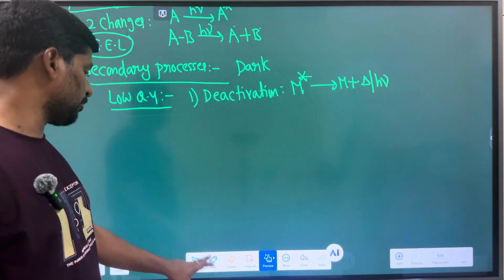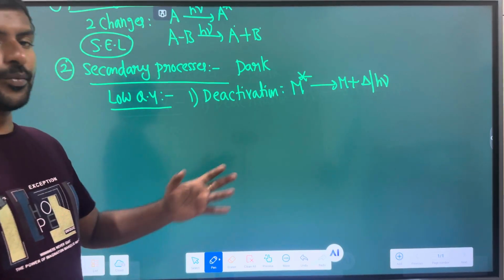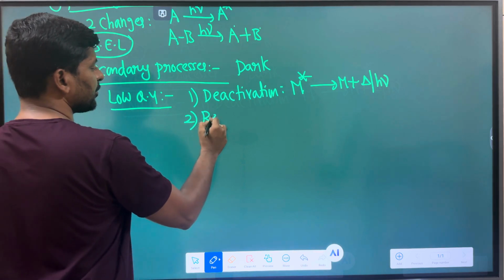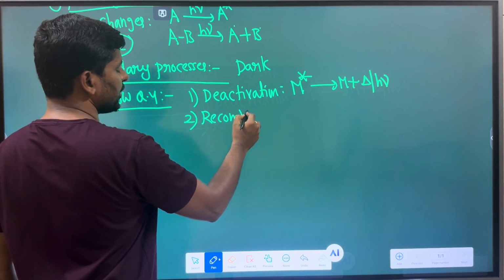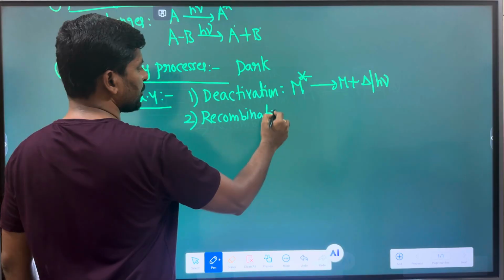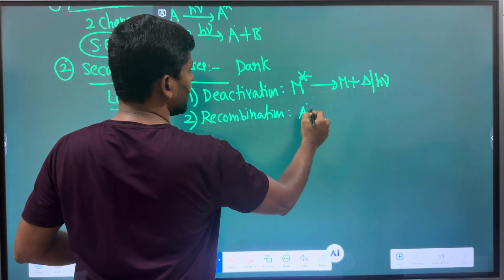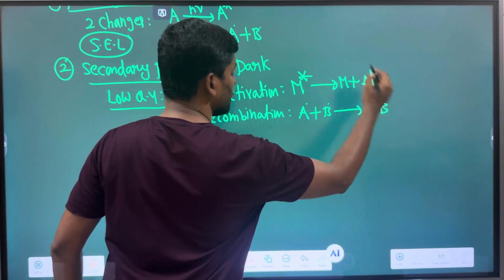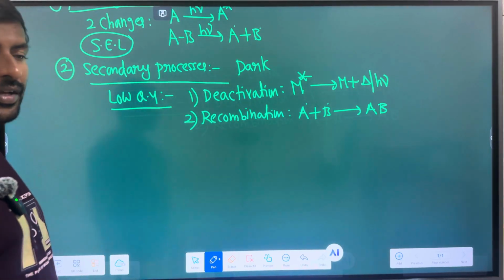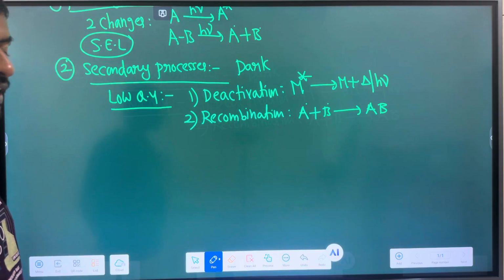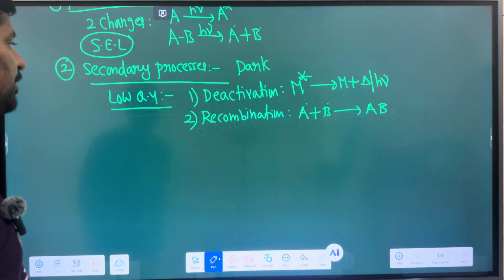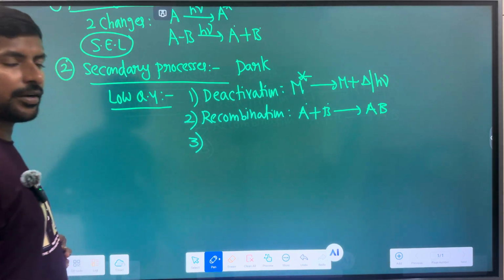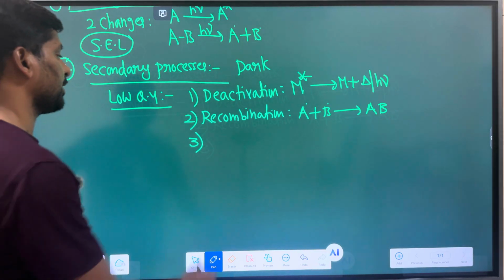That is a photophysical process. Another is recombination: for example, in the first step free radicals are formed, then they recombine, as in the chain termination step where two chlorine free radicals combine to give Cl2. Because of this we may get less quantum yield, as less product is formed.